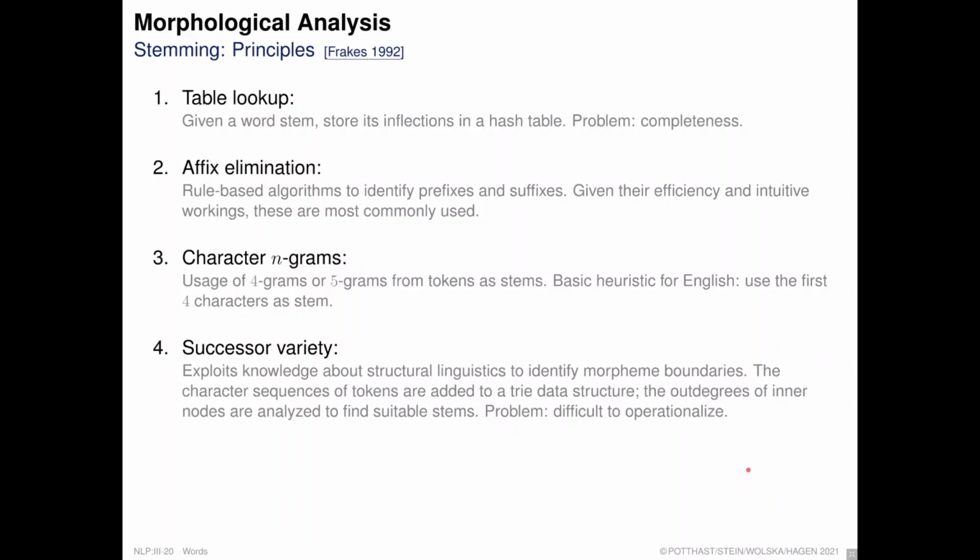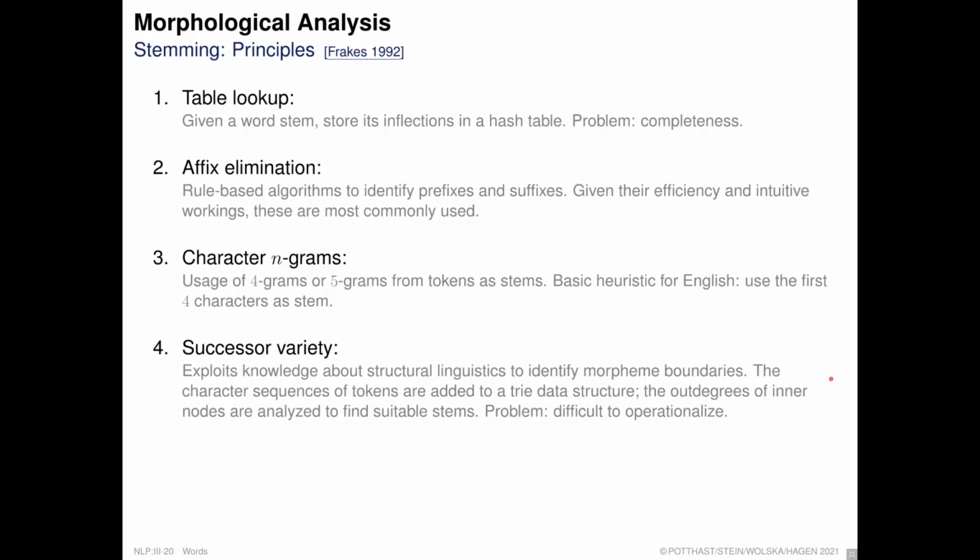And finally, the method that would be, let's say, most desired by linguists would be a method that is most linguistically informed, that exploits the structural properties of a word and identifies morpheme boundaries, so identifies where the boundaries between the sub-elements of the word are.